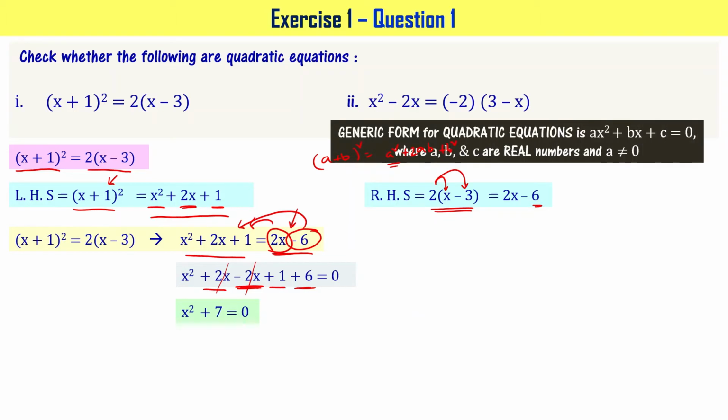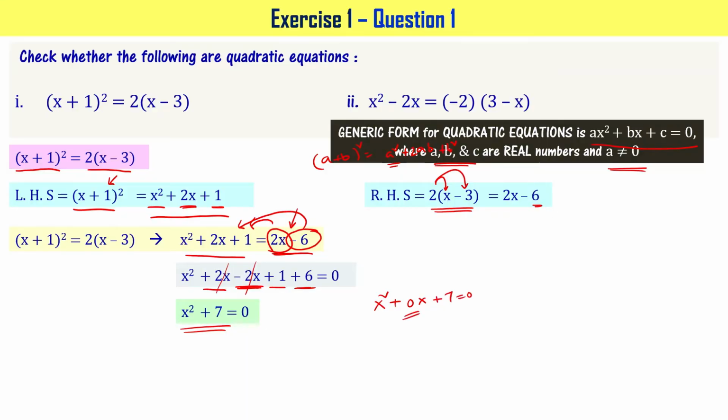You may recall that generic form for quadratic equation is ax² + bx + c, where a, b and c are real numbers and a is not equal to 0. But if you look at this equation, you say that b is 0. I can write x² + 7 as x² + 0 times x + 7 = 0.